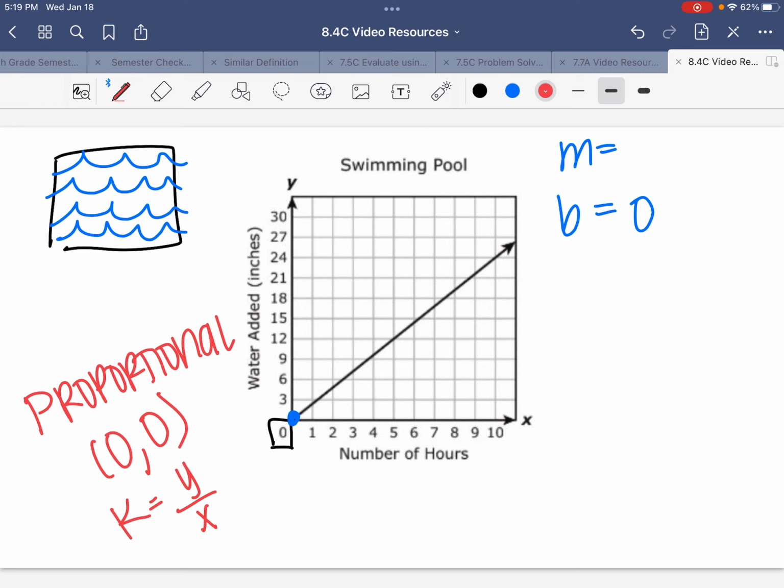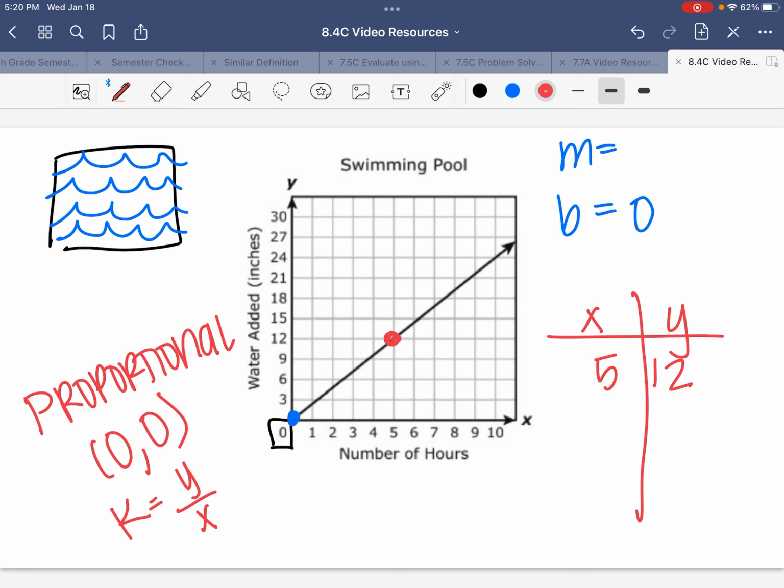But for the slope, I think I can make a table. So I see x and y, and I'm just going to pull some points off. And I'm going to find a point that is clean. So this looks clean, and that's 5 hours, 12 inches of water have been added.